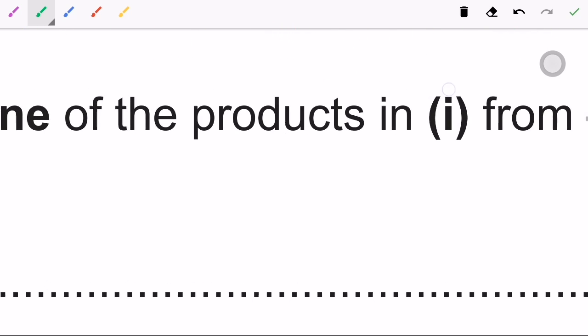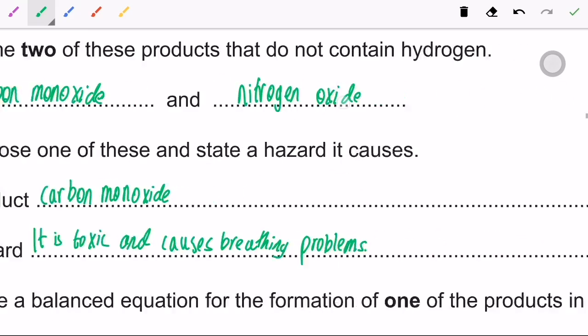Write a balanced equation for the formation of one of the products from diesel. So I'm not going to use nitrogen oxide because diesel does not. Oh, wait. Nitrogen oxide, wait.